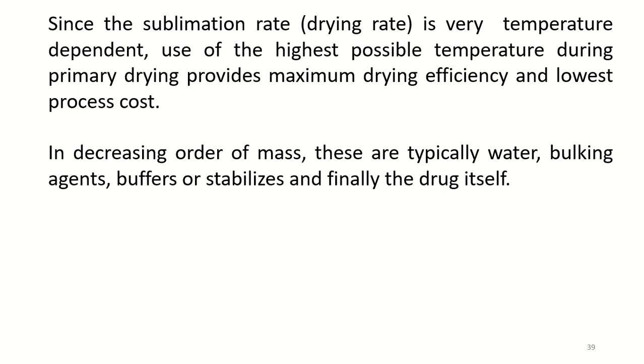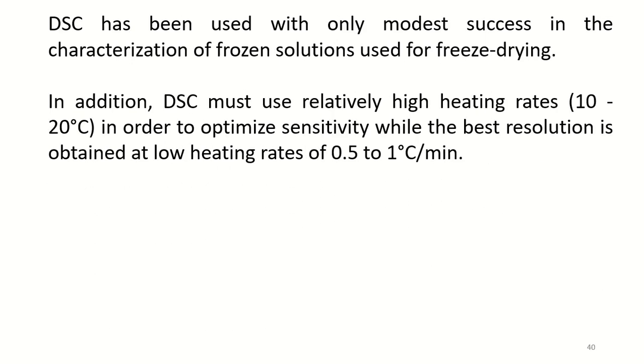This structure manifests itself in the form of transitions that occur at specific temperatures. Physical properties of the bulking agent such as modulus or viscosity can change by orders of magnitude depending on whether the process temperature is a few degrees above or below the transition temperature.